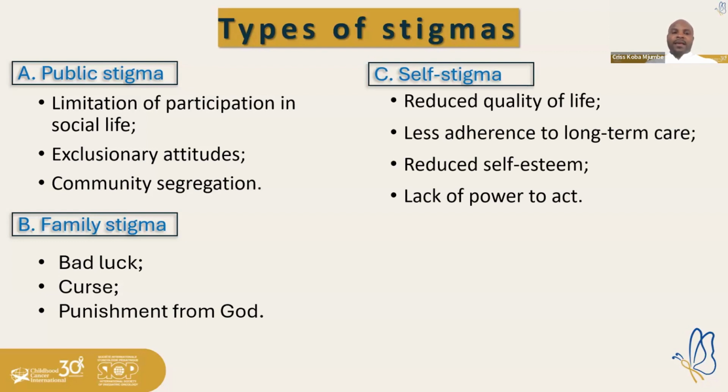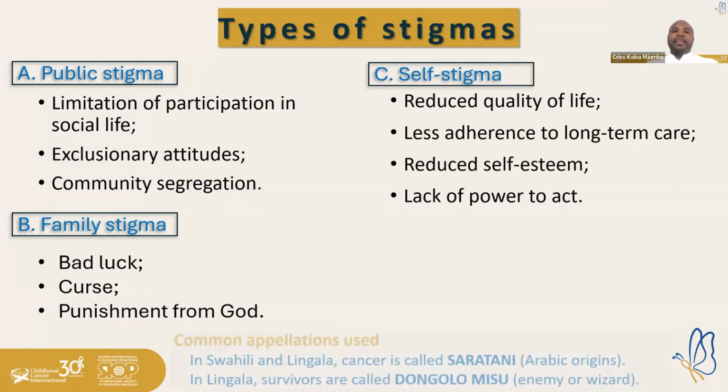But in our environment, we have a common appellation used for cancer. The common appellation for cancer is saratani. Saratani is in Lingala and Swahili. Swahili and Lingala are local languages in DRC, and we use saratani to call the people who have cancer.